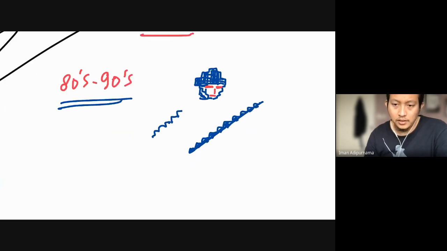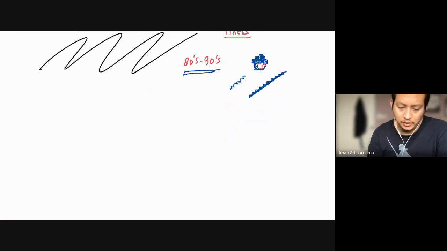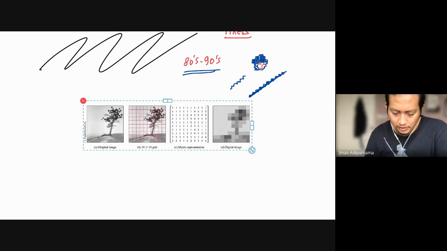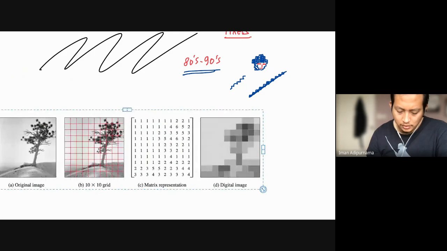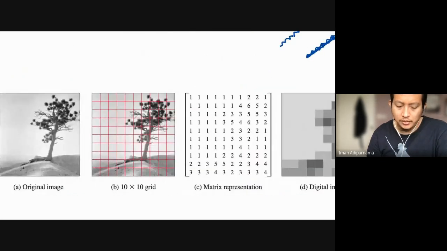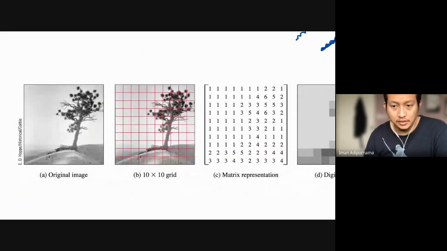And the more technology improves, the more pixels in the graphics. So for example, if I let you take this image here, this is actually a matrix representation.